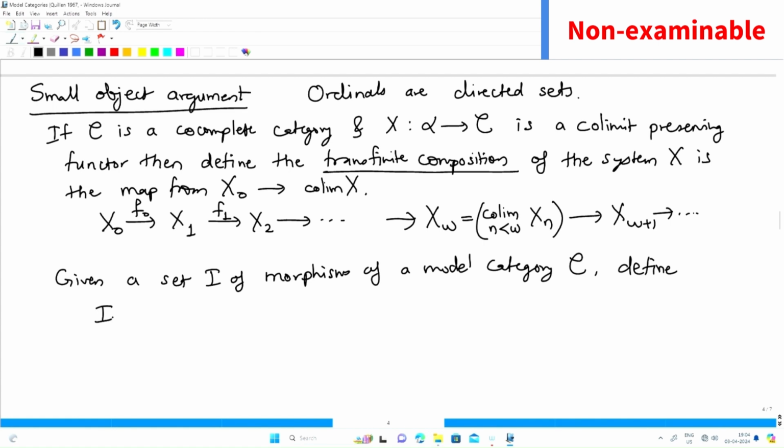I-inj are the morphisms having the right lifting property with respect to all morphisms in I.